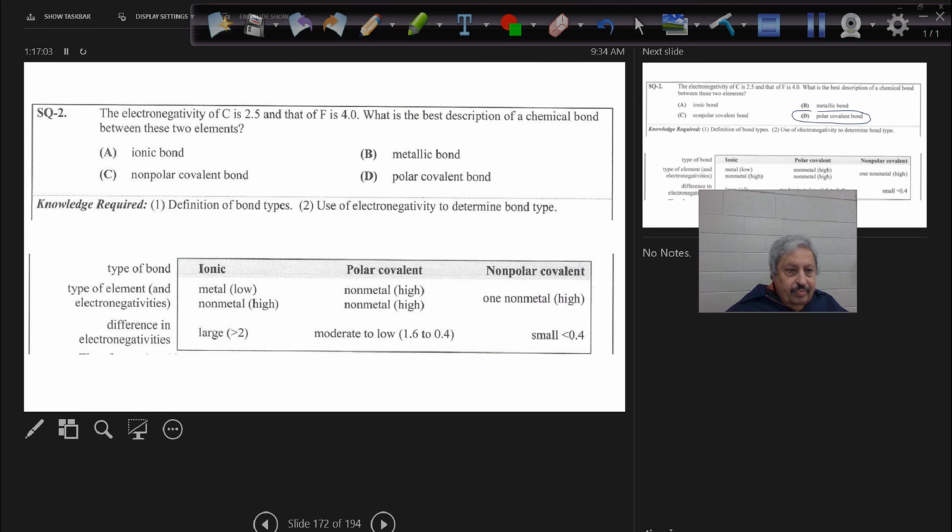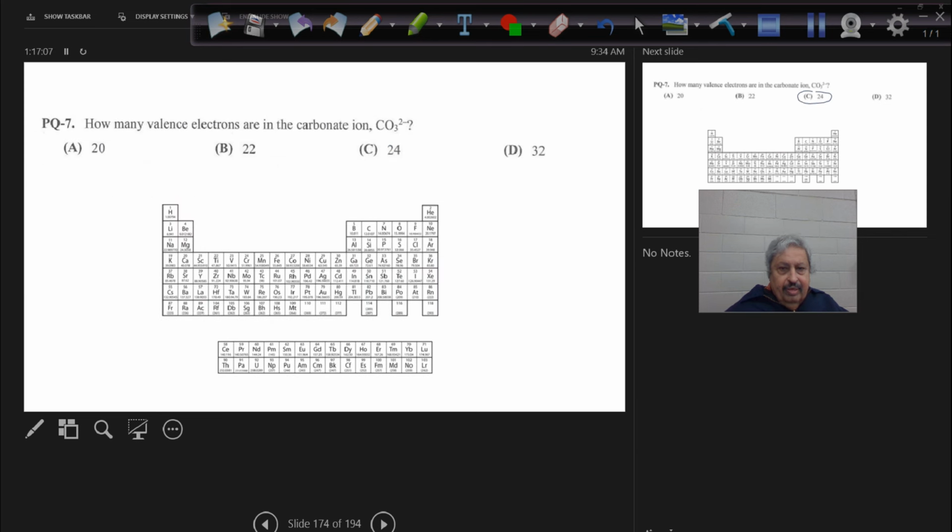So it gives you the whole idea. Here it is. How many valence electrons are in the carbonate ion? How many total? See, the problem is it did not ask you for the whole total. The question itself is not correct.